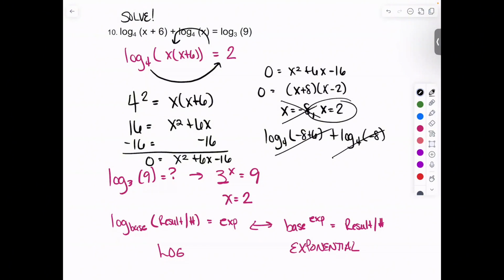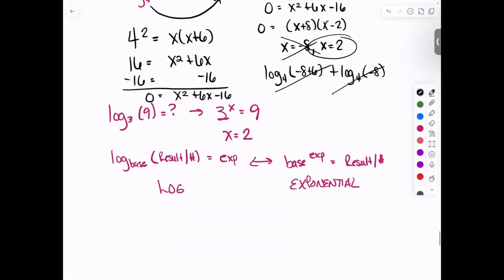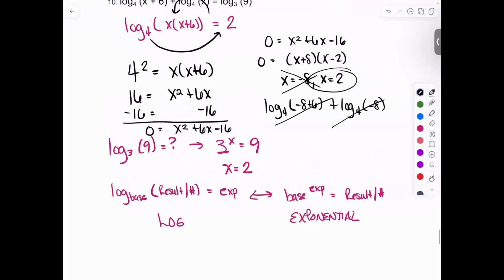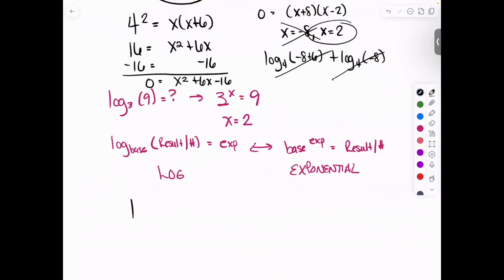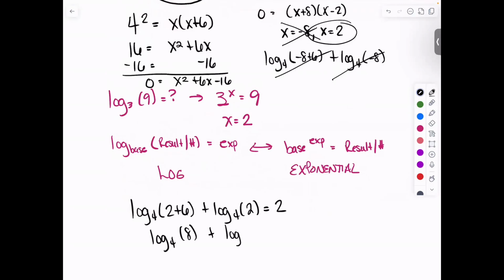And when in doubt, you can always go back through for extra checking: log base 4 of 2 plus 6, right? And then log base 4 of 2. And then ultimately, yes, we know log base 3 of 9 is 2. And so I'll have log base 4 of 8 plus log base 4 of 2 plus 2.